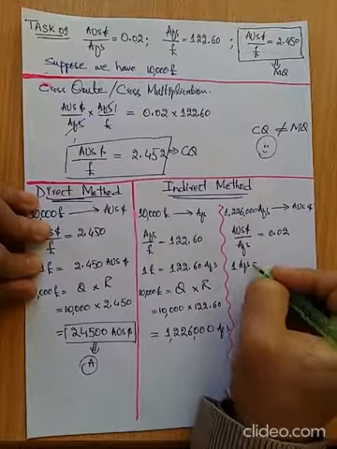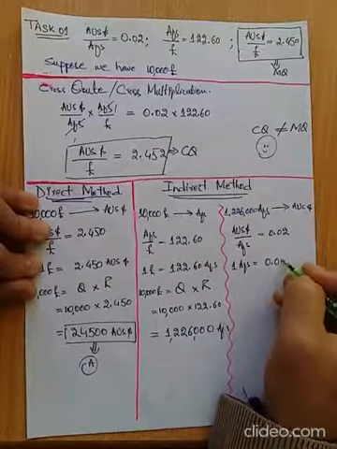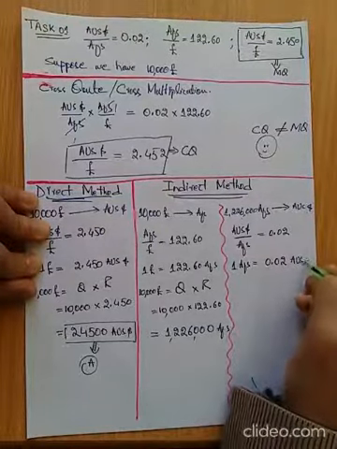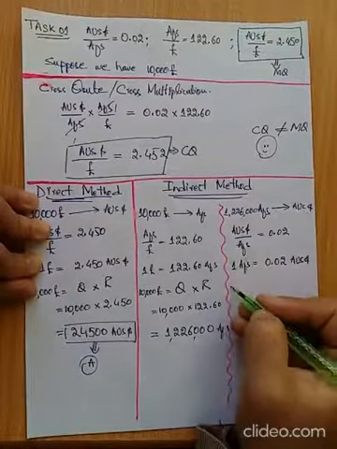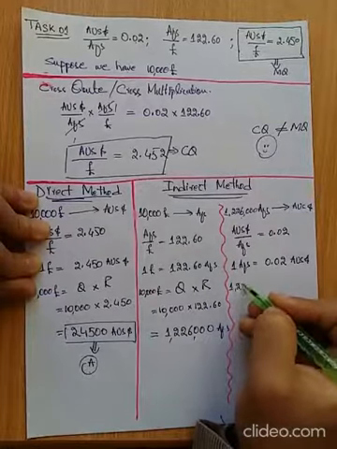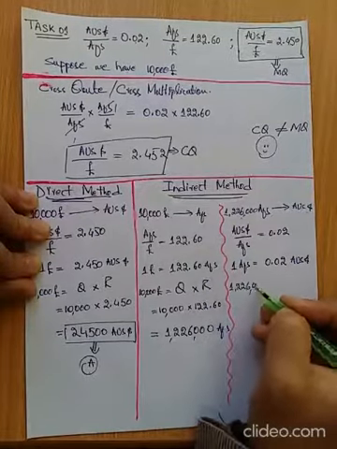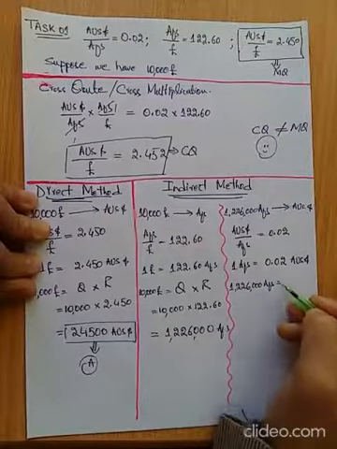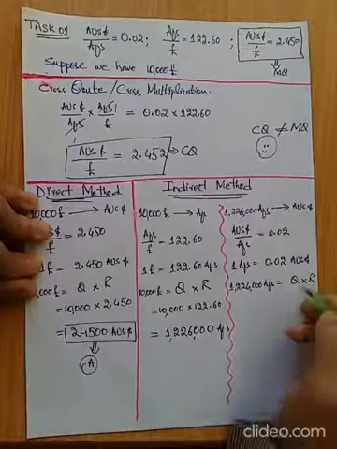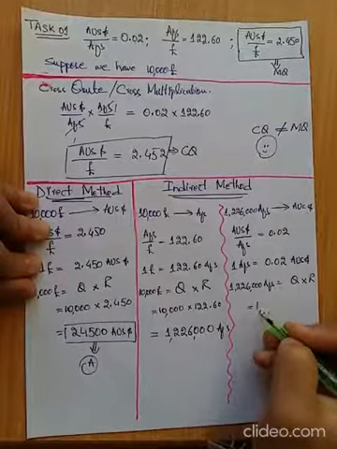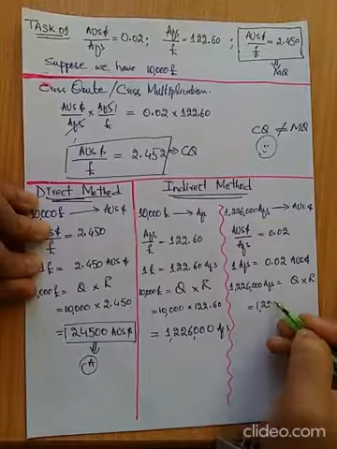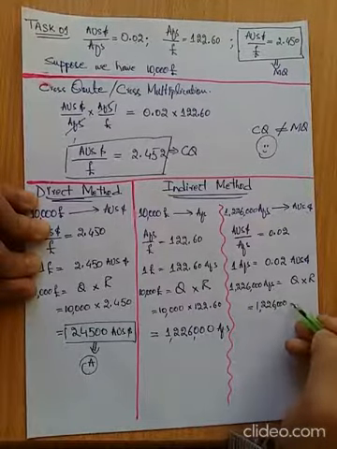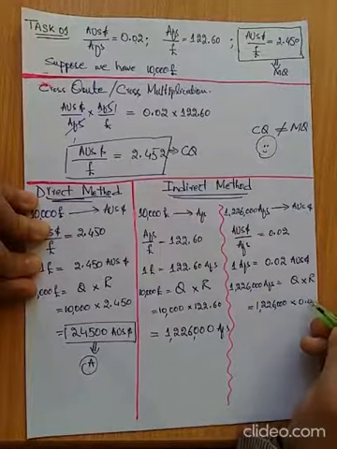1 Fs is equal to 0.02 Australian dollar. Or 1.2 million plus Fs will be equal to quantity multiplied by the rate. The quantity we have is this much, and the rate we have is 0.02.